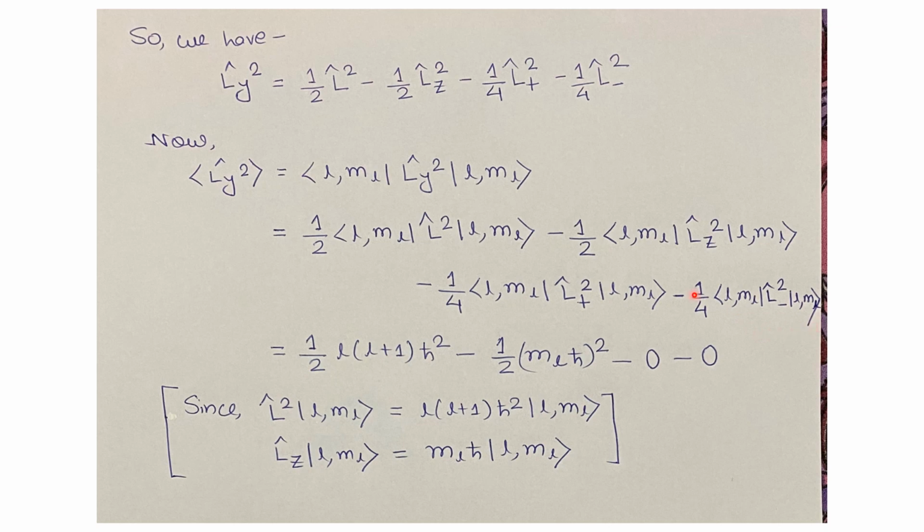So effectively these two terms will be 0, but the first two terms survive. The expectation value of L squared is L into L plus 1 times h cut squared, and the expectation value of Lz squared is (ml h cut) whole squared. So we get half of L into L plus 1 times h cut squared minus half of (ml h cut) whole squared, and the other two terms give 0.